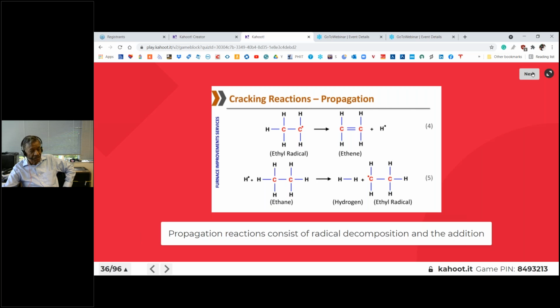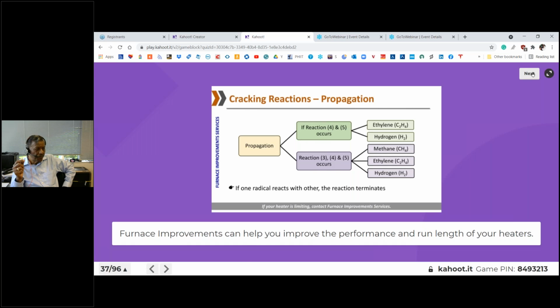The chemistry is complicated here. Propagation reactions, depending on what reactions are happening: if 4 and 5 are happening, we will get ethylene and hydrogen. If 3, 4, and 5 are happening, we will get methane, ethylene, and hydrogen. And if one radical reacts with the other, then the reaction starts terminating. So you can see over here how the reactions are taking place.